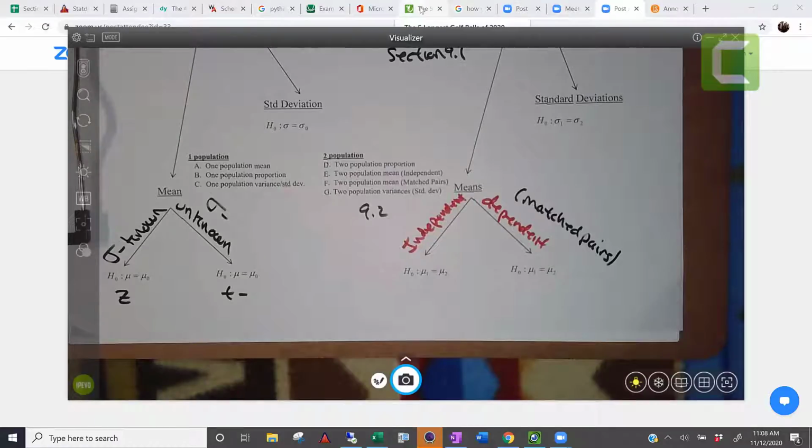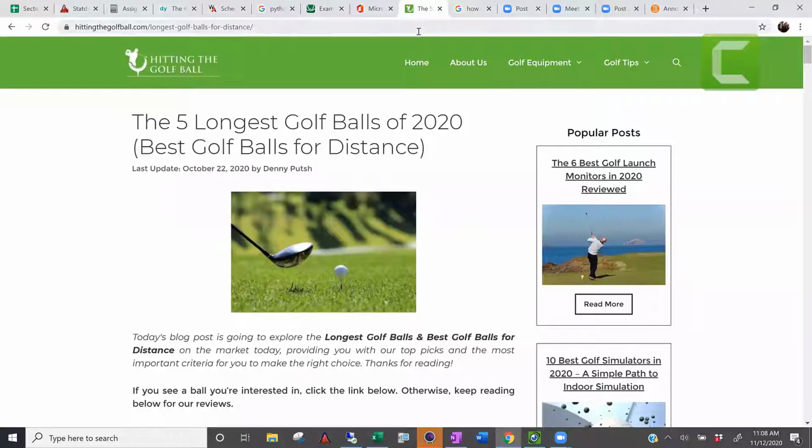Another one might be with golf balls. If you wanted to show that your golf balls would go farther than somebody else's, you might give a bunch of professionals your golf ball to drive and then give them a competitor's ball to drive and see which one goes the farthest.